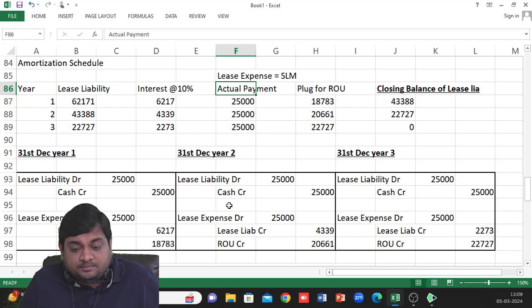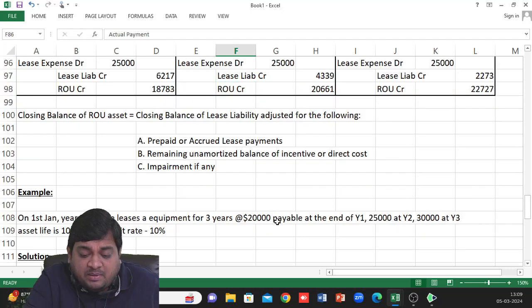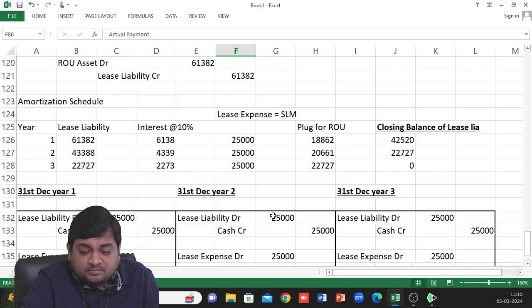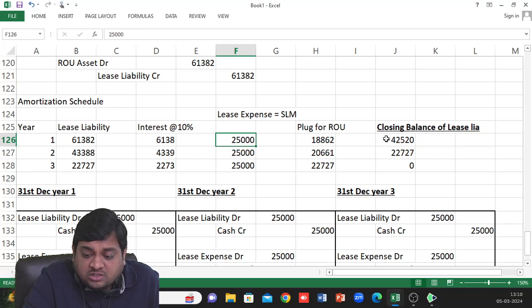But in this case, lease expense is something different and payment is something different. So when you calculate the plug, we take 25. But this closing balance is wrong.